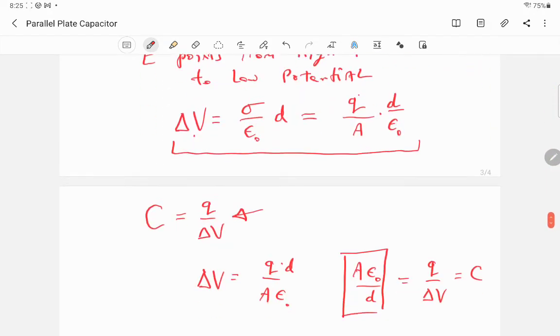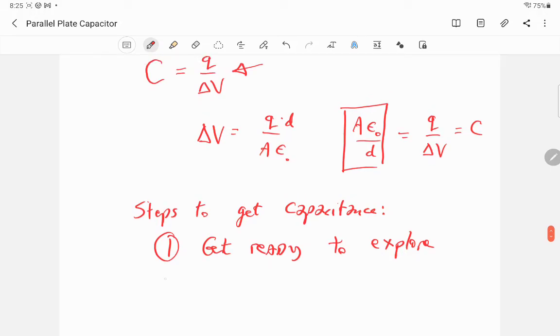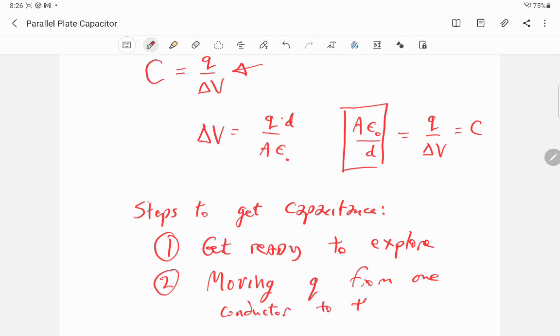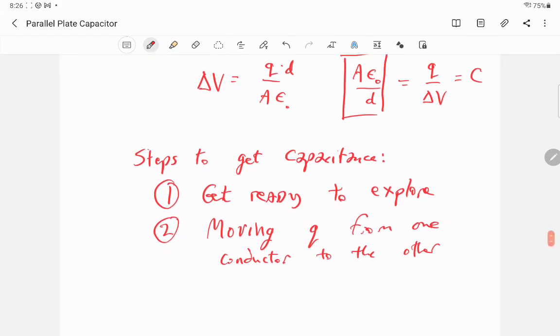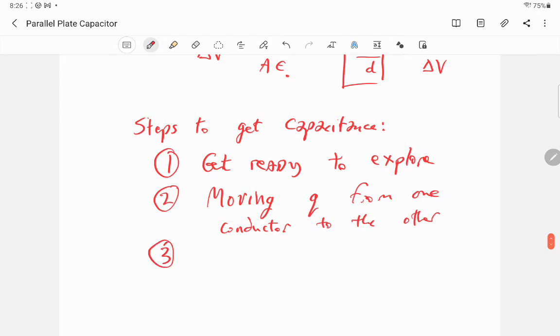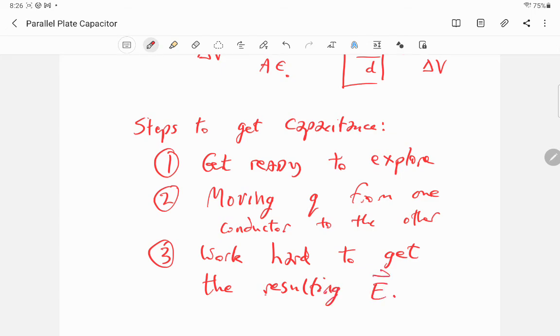So as you do this exploration, you get ready to explore. You imagine moving Q from one conductor to the other. This is often the hardest step. Work hard to get the resulting electric field.